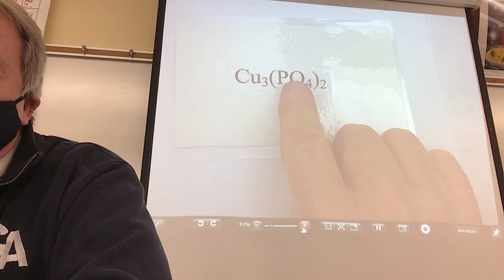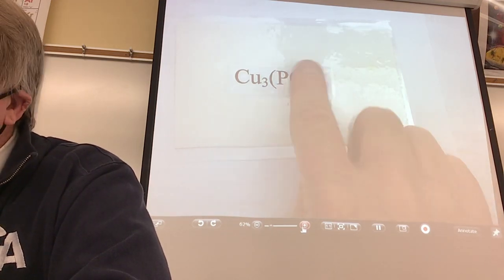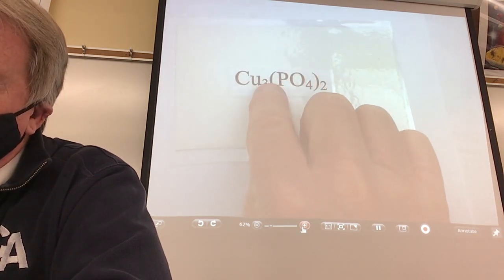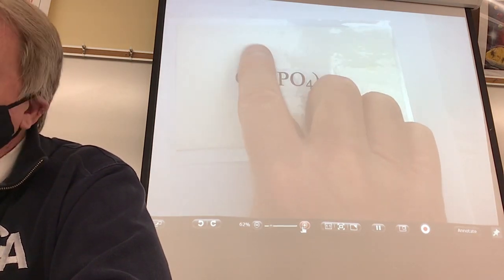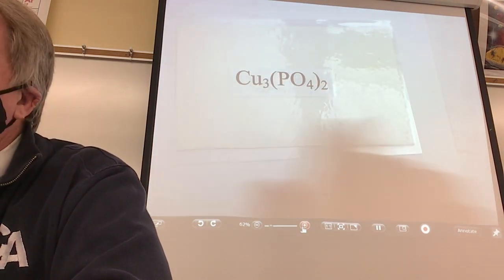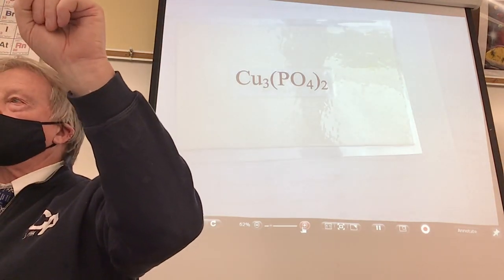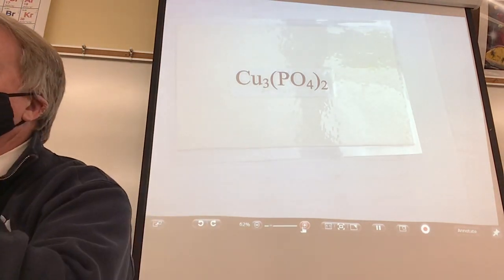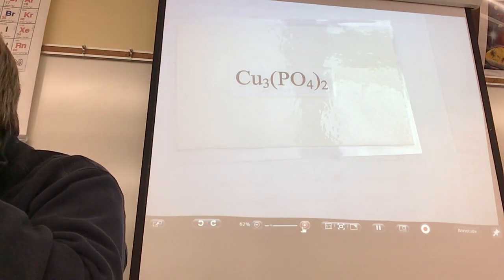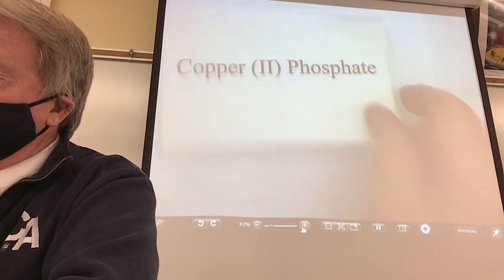Each phosphate is -3, and I have how many phosphates? 2, that's -6. This has to be +6. 3 times what is +6? 2. What did you say it was? Copper 2 phosphate. Now, copper comes in +1 and +2, and the Latin word is cuprum. What's the other name for copper 2 phosphate? Cupric. Cupric, okay.